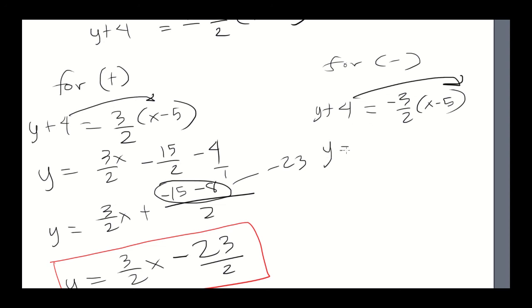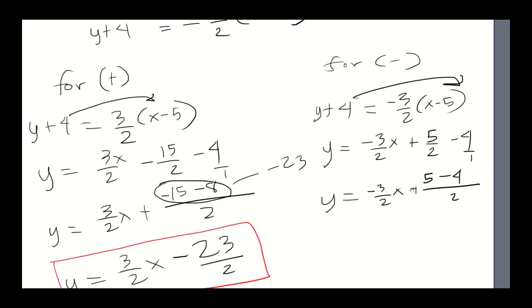So y is equal to negative 3 over 2 x plus 5 over 2 minus 4.